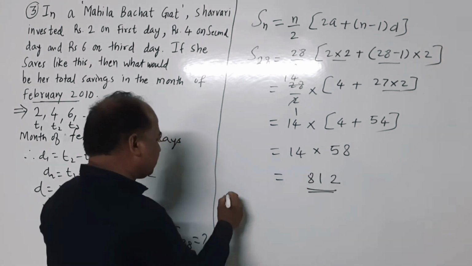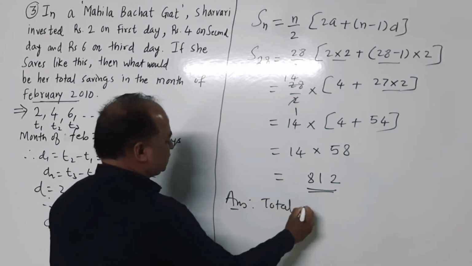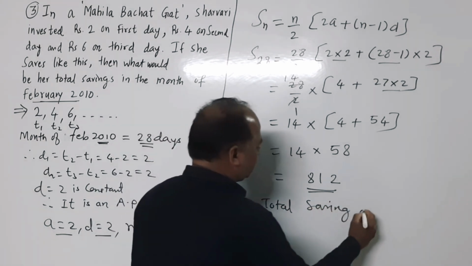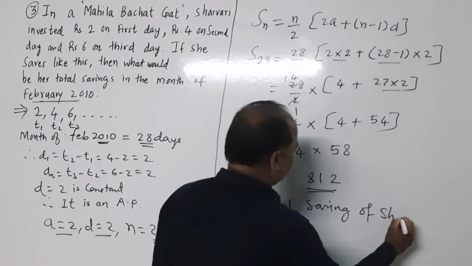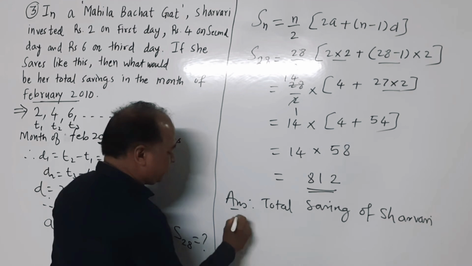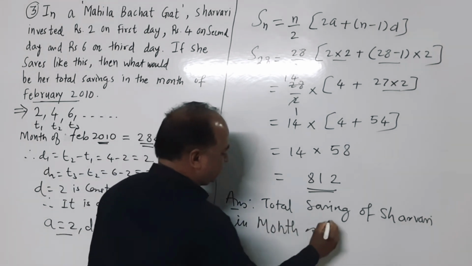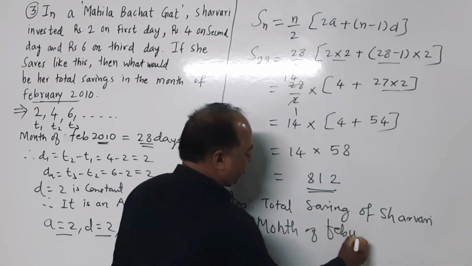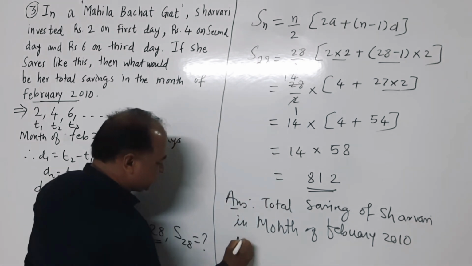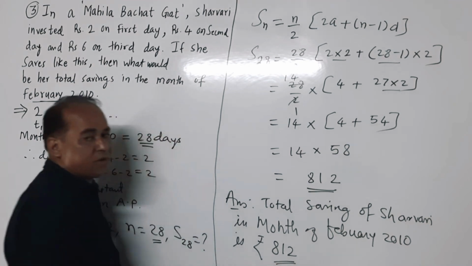So the total saving of Sharwari in the month of February 2010 is rupees 812.